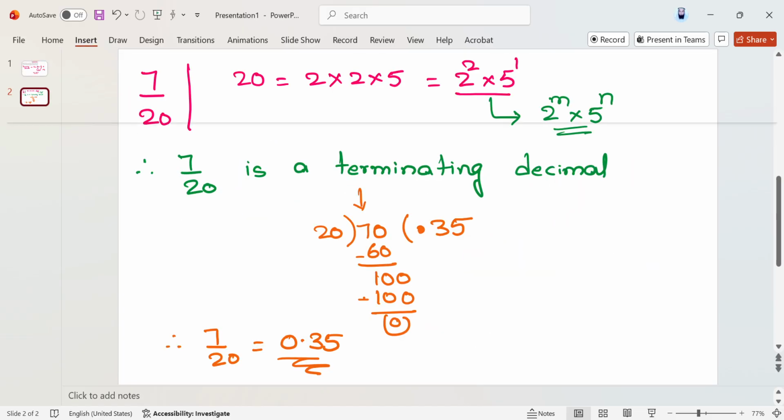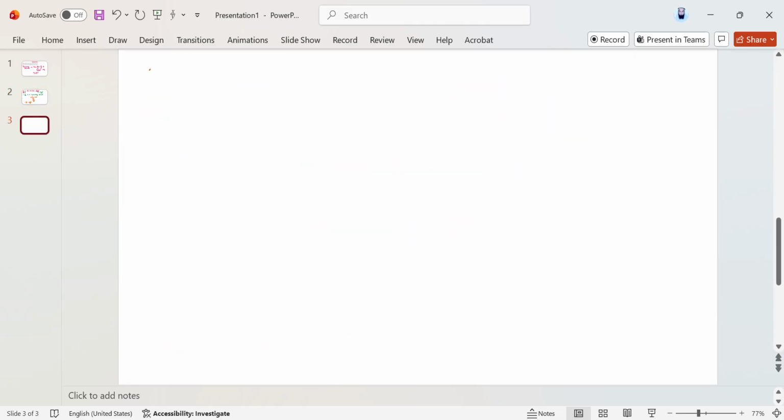So let us see the next question: 4 by 15. What are you supposed to do first? Prime factorization of 15. How can you write 15? It is 3 times 5. But now check whether it is in the form of 2 to the power of m into 5 to the power of n.